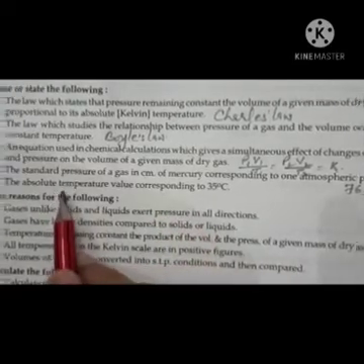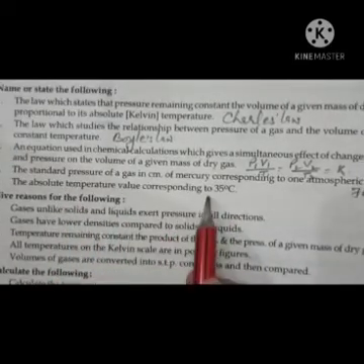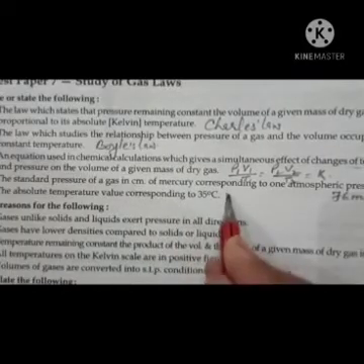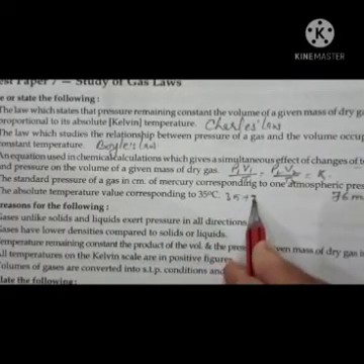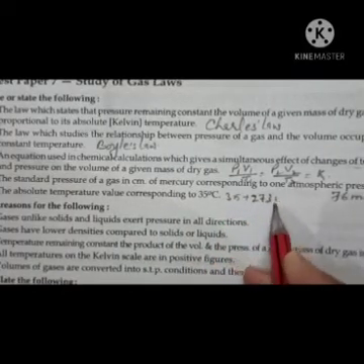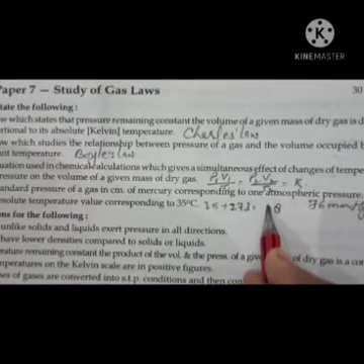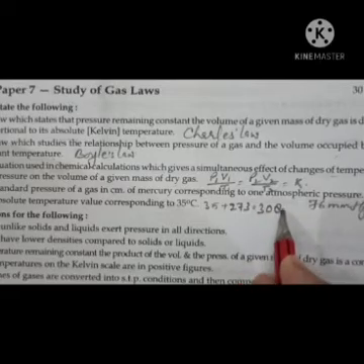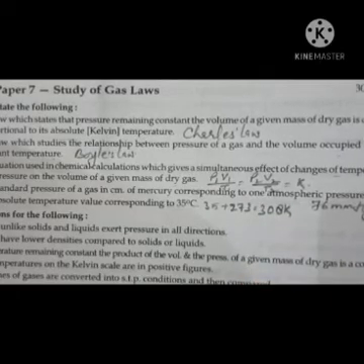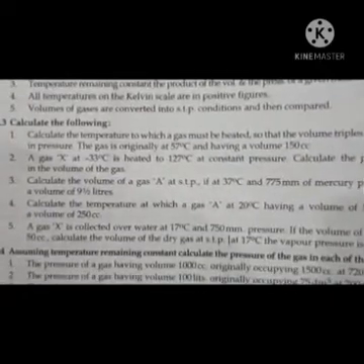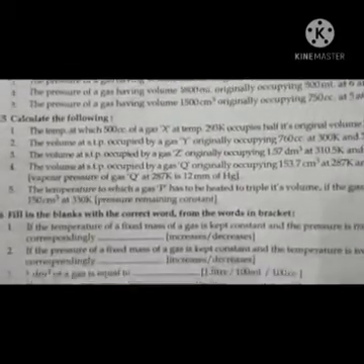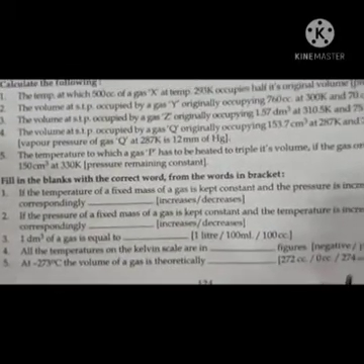And what is the absolute temperature value corresponding to 35 degrees Celsius? You will do 35 plus 273, that is 308 Kelvin, right? Now next is fill in the blanks.